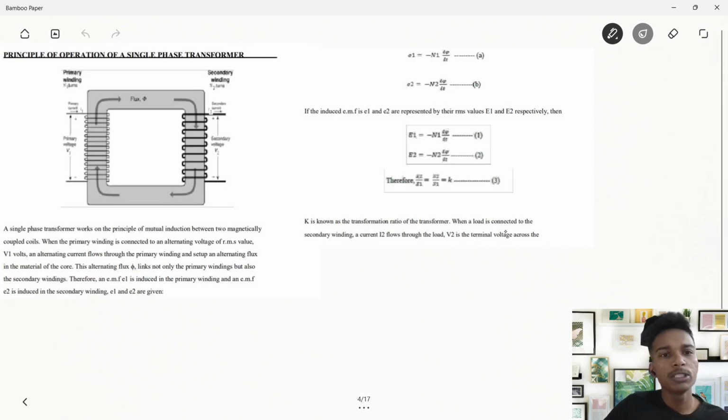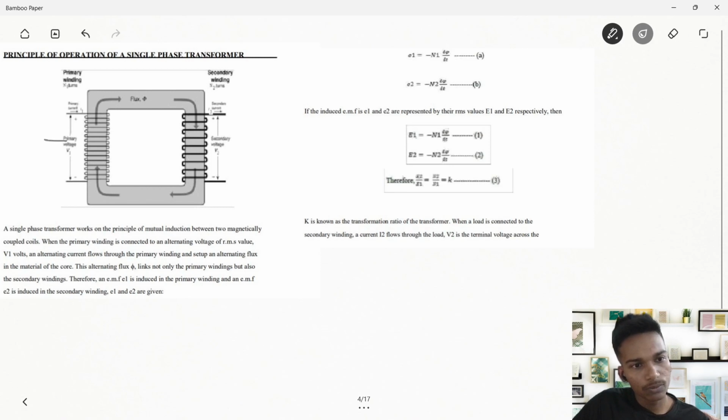I explained the principle of operation of a single phase transformer in the first slide itself. We apply some voltage over here, which induces some magnetic flux. This flux is carried to the other limb.